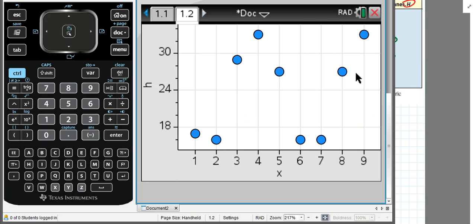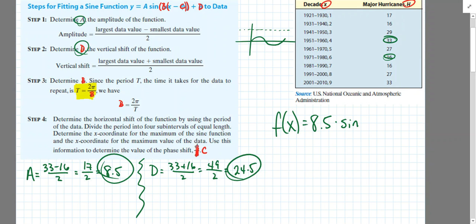So if we were looking at our picture and guessed 24 as our midline, that would have been a pretty good guess. Algebraically, the recommendation brought us out to a result of 24.5. So at the end of the function, we will have plus 24.5. Now here in the middle, let's figure out what comes next.